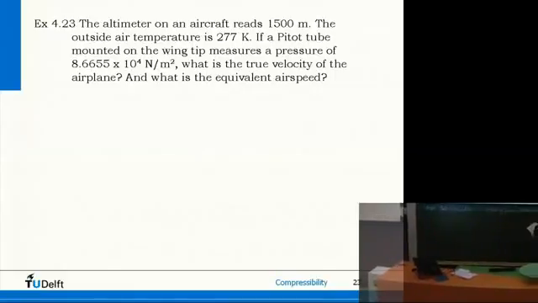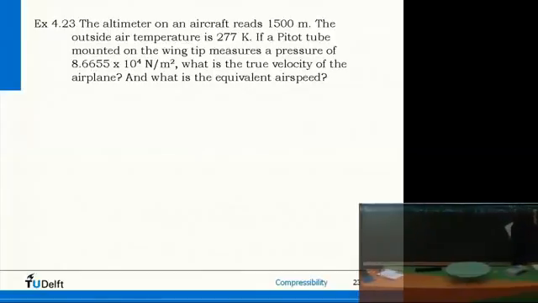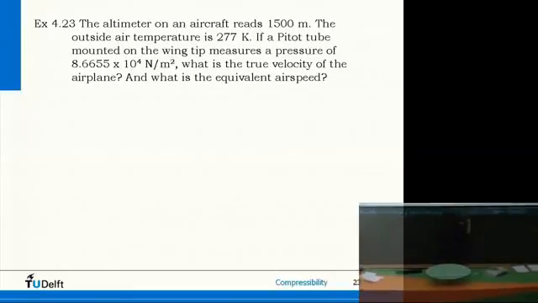So we have P0 from the pitot tube, and we have a pressure from the standard atmospheric table, Appendix A, 1500 meters. Okay, so we apply Bernoulli.